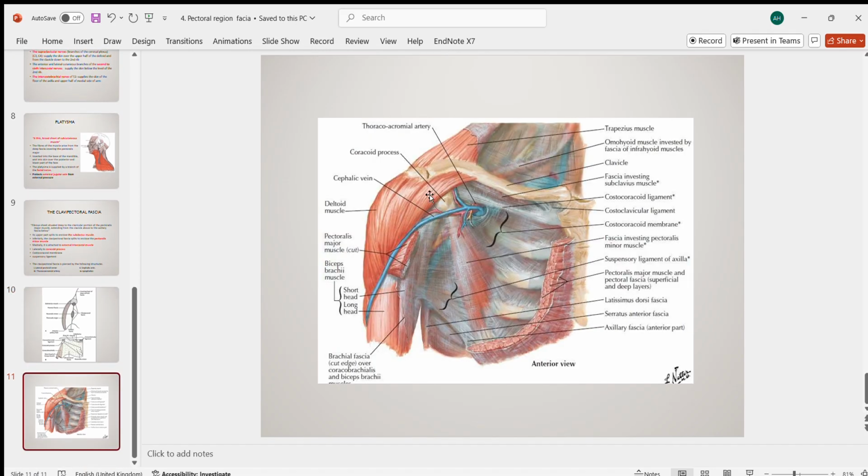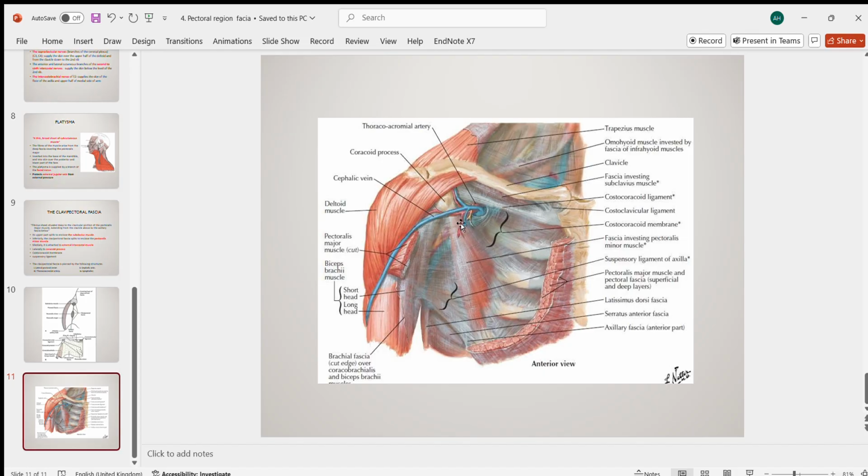This picture shows the clavipectoral fascia and the structures which are piercing it. The thoracoacromial artery, the cephalic vein, and in addition to these, we have the lateral pectoral nerve and various lymphatics.